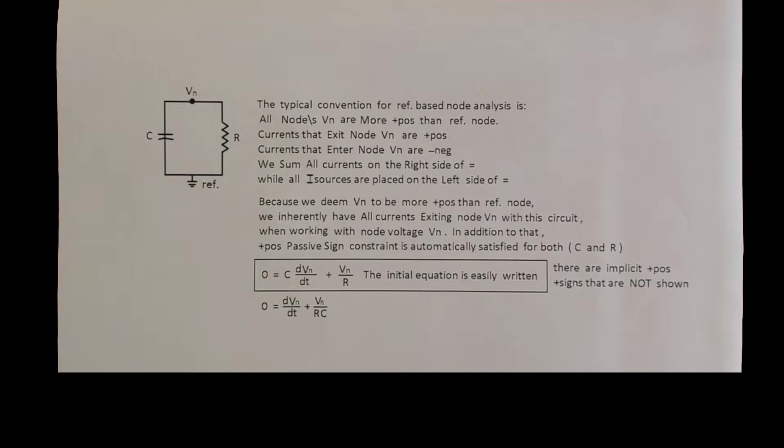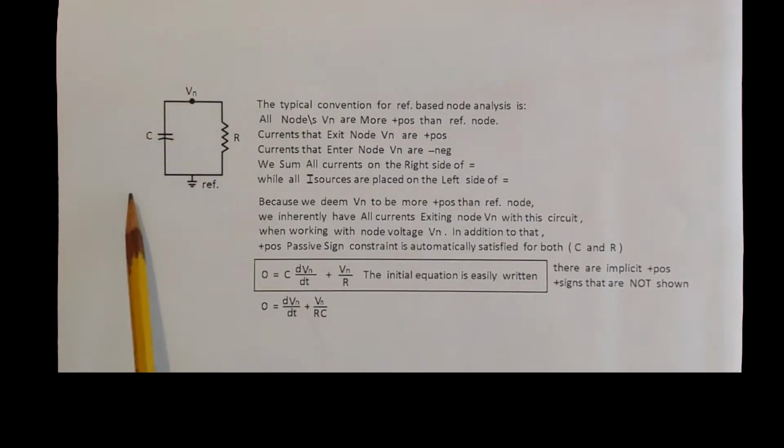I'll repeat the analysis here, but this time I'm going to use the standard way that the books always suggest to do it. Current that exits the node is always going to be positive. Any current that enters the node is going to be negative. And we also assume that Vn is more positive than the reference.